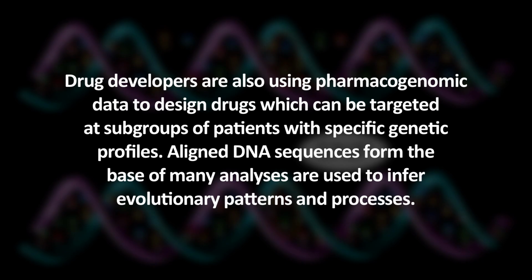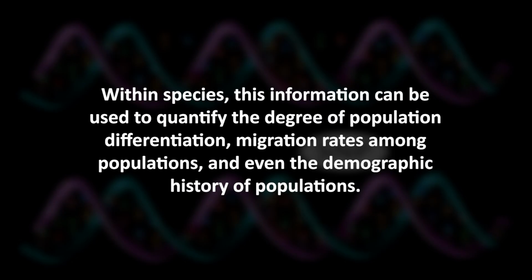Aligned DNA sequences form the base of many analyses used to infer evolutionary patterns and processes. Within species, this information can be used to quantify the degree of population differentiation, migration rates among populations, and even the demographic history of populations.